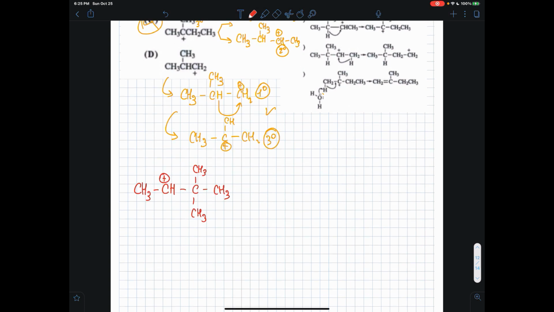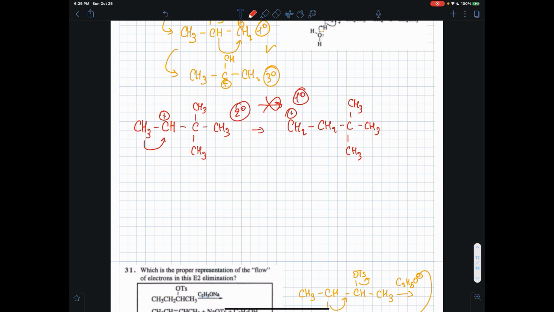Now if you look here, you can move this hydrogen from this side, but then you're going to end up with a CH2, a CH2, a C, CH3, CH3, and CH3. You're going to end up with a positive charge right here. So you went from a secondary to a primary. That's not good. You don't want that to happen.